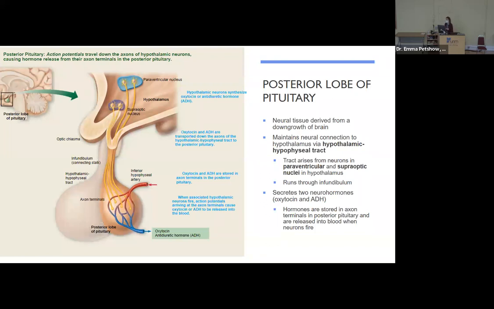Again, encouraging the fact that the posterior lobe of the pituitary is nervous tissue, it's neural tissue, versus anterior is a glandular tissue. Oxytocin and ADH are the two secreted hormones from the posterior lobe of the pituitary.